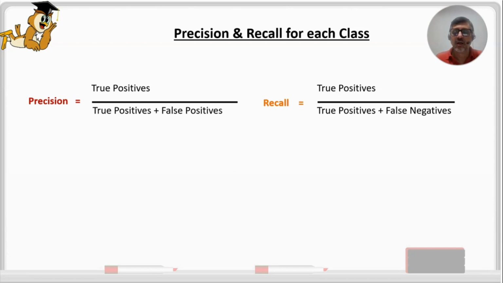Okay, another way of defining precision is in terms of true positives, false positives, etc. Precision is true positives divided by true positives plus false positives, and recall is true positives divided by true positives plus false negatives, right? And why is that observation that people make?